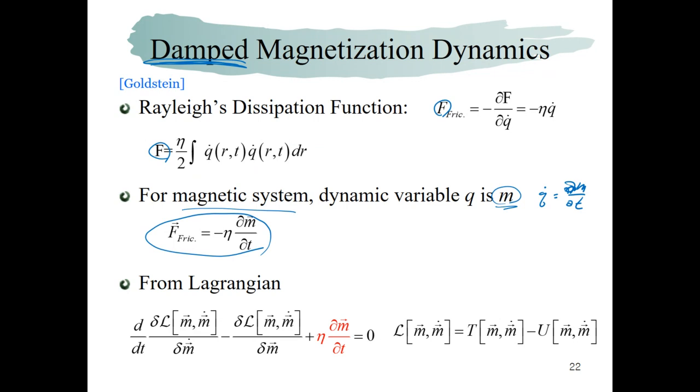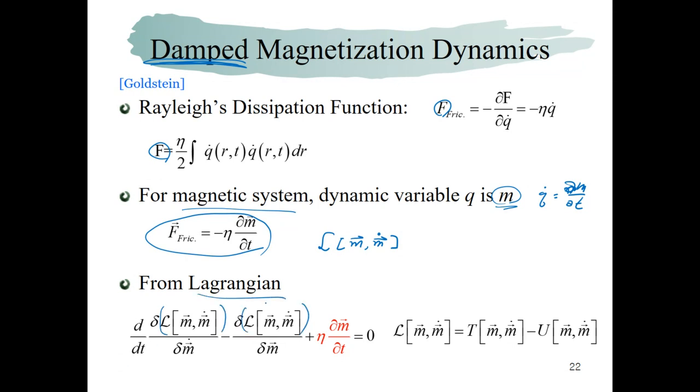And the Lagrangian of the system must be a function of the magnetic moment and the time derivative of the magnetic moment. It should be such a functional form. It doesn't matter what the details of this form are.